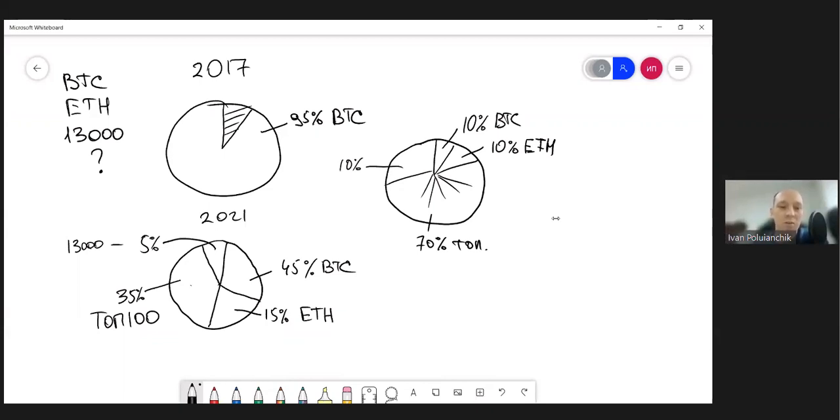I'm very certain that the majority out of these 13,000 tokens will eventually disappear because they mean nothing actually. And the key question we all have: how to find those tokens that are very promising in the future.